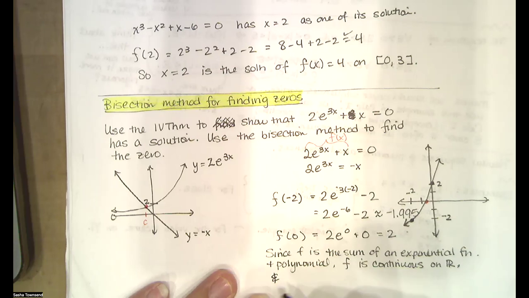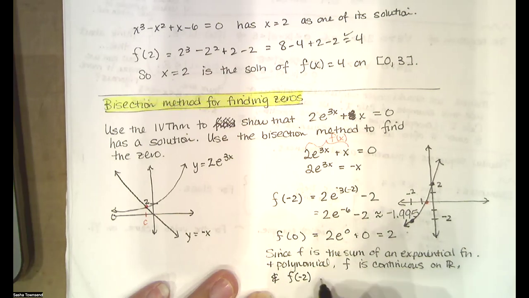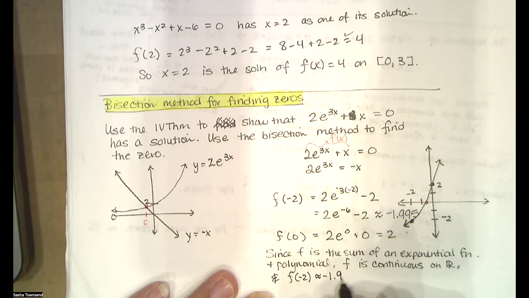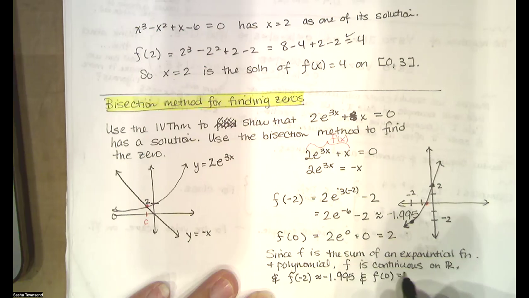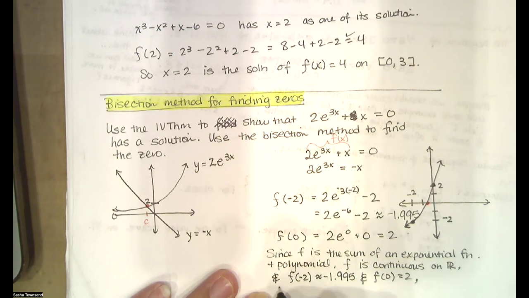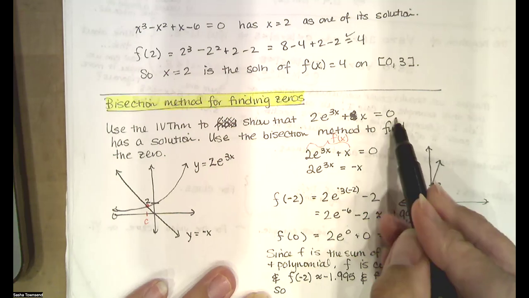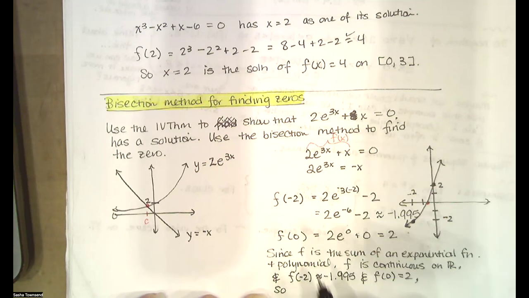So we know that that's true, and f of negative 2 is negative, and f of 0 is positive. So our 0 value on the right-hand side of the equation, that's our k, is between those two values, between approximately negative 2 and 2.